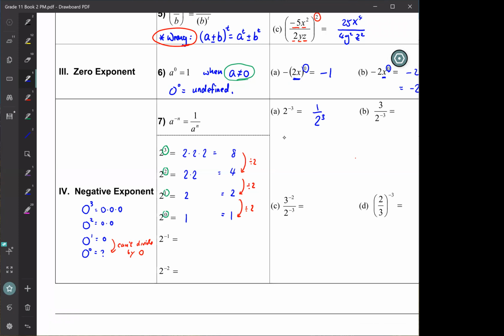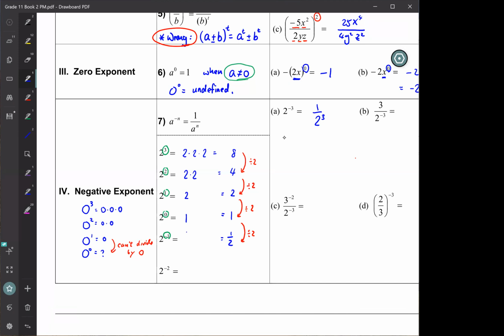Otherwise, if you look at the base of 2, let's continue with the base of 2 now. If I want to go down one more, 0 becomes negative 1. That means you need to divide by 2 again. Then that will make it 1 over 2.